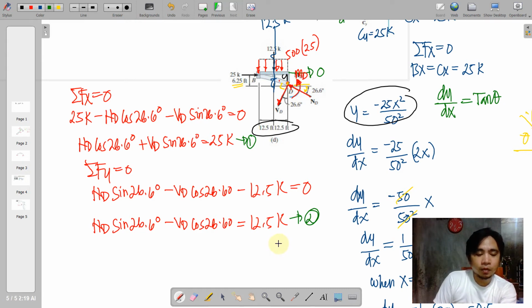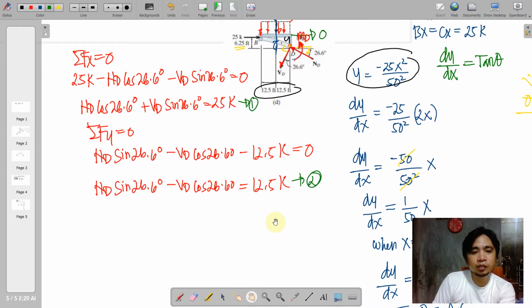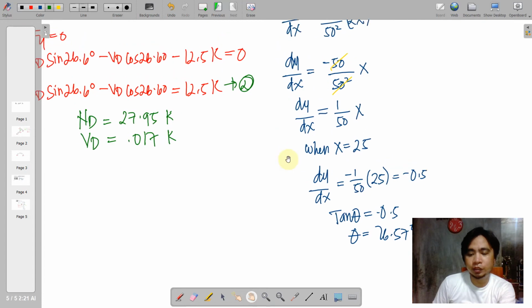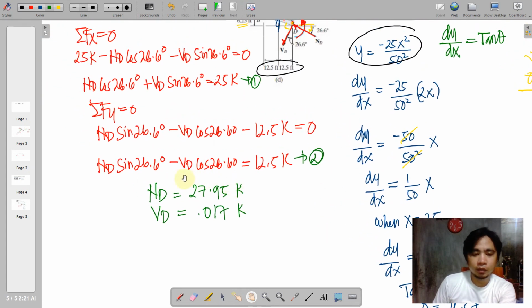So we have two equations with two unknowns, the same arrangement, where constant at the right side, we'll just have to calculate the value of ND and VD, or the normal at D and the shear at D. And we will be having this result. So actually, if we are going to stick with the angle a while ago, that is 26.57, ND will be rounded to 28 and VD will be almost equal to 0.